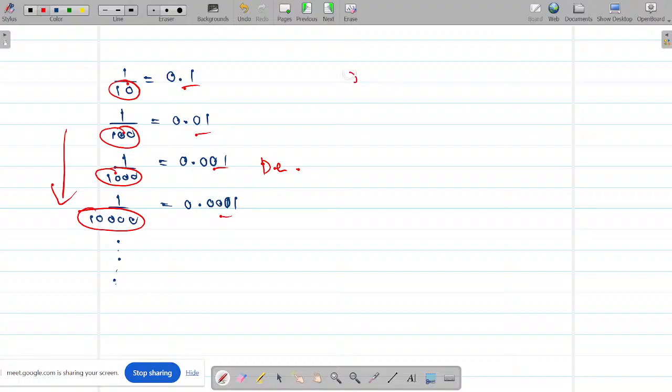So for this r, I'm going to take 1 by r, where this r happens to be a very big number. When r happens to be a very big number, then 1 by r will be closer to 0. You agree with me? If r is 10, what will be this value? 0.1.